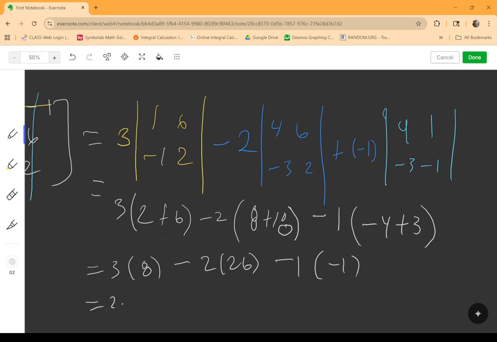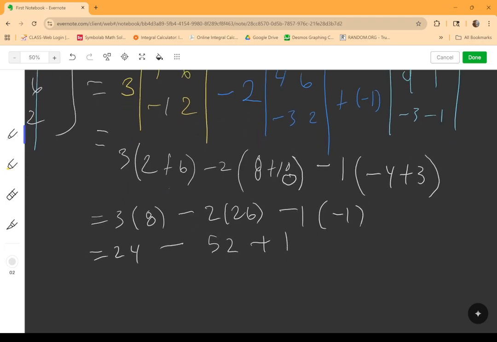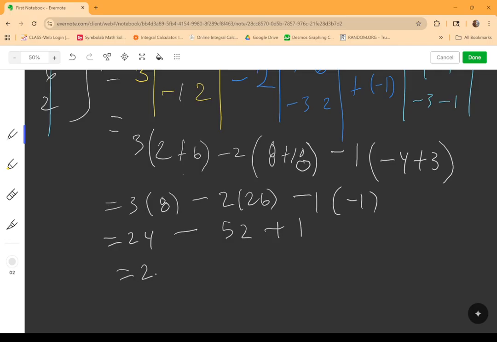So this becomes 24 minus 52 plus 1. So now we get negative 27. Okay, so that is the determinant of the matrix.